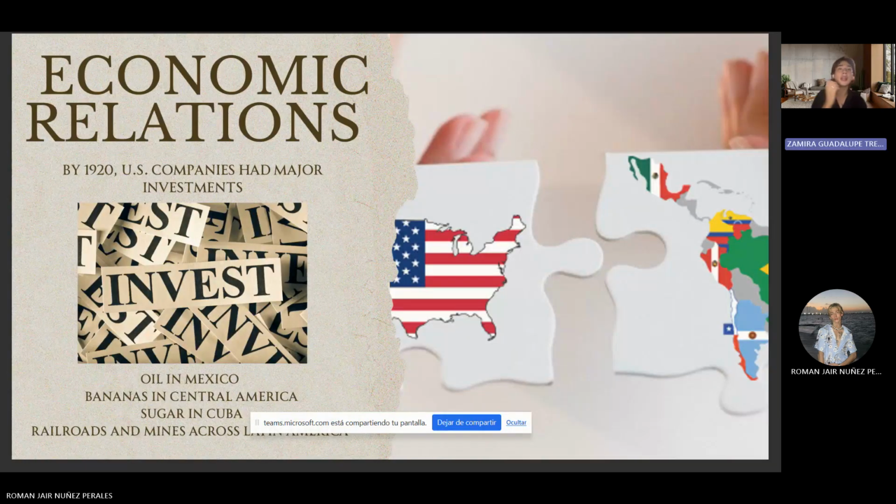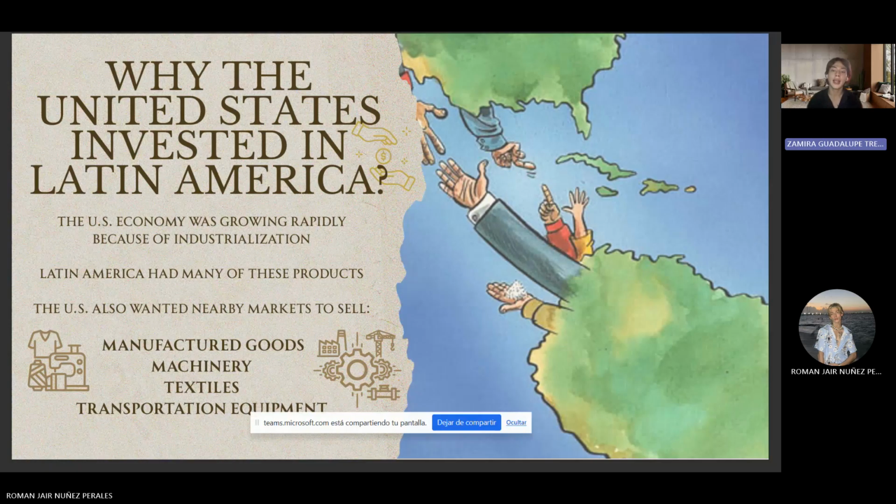And then by 1920, USA companies had major investments in Latin America, mainly in oil, sugar, coffee, bananas, which was a big market at that time, and copper. Also, the United States invested in railroads, mines, plantations, and oil fields because Latin America is a main exporter of oil to the United States and many other countries, and it also controlled many industries, as I already mentioned.